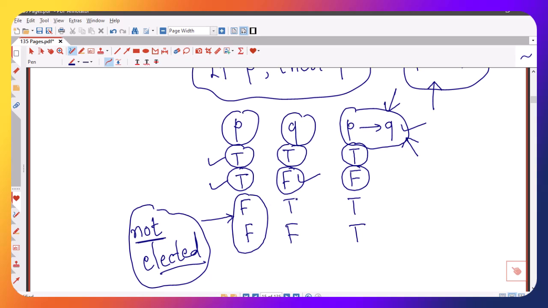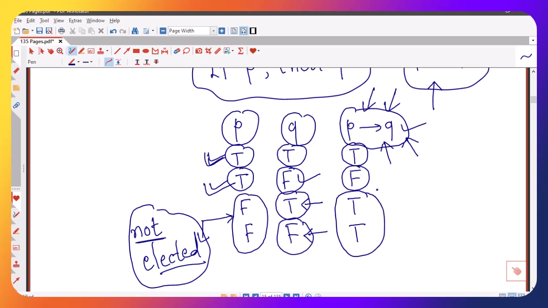If I am not elected, then whether taxes are lowered or not lowered, that is not breaking the promise statement P implies Q. This promise statement depends on the condition that if I am elected, then I will lower taxes. But in the case that P is false, we don't worry about the truth value of Q, and we consider this implication to be true.